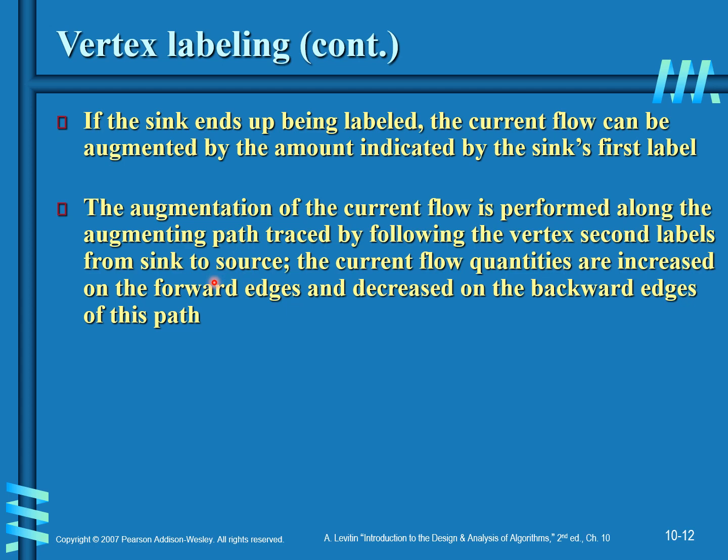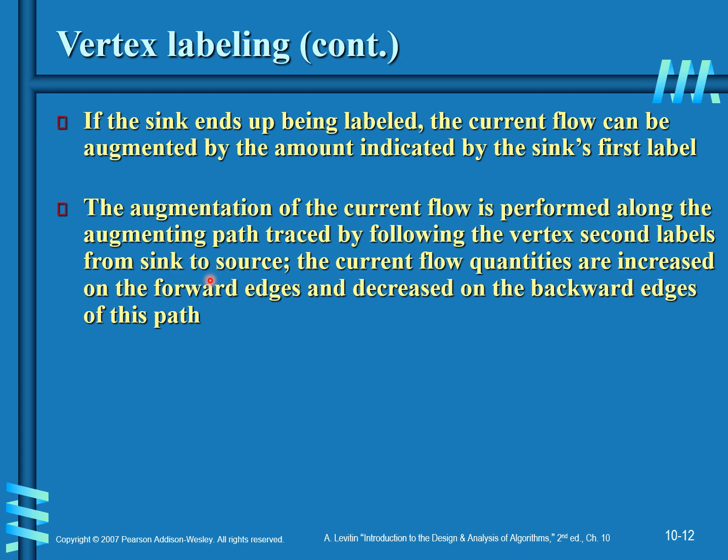Once you are continuing the labeling process and once we have labeled the sink, stop the labeling process. Then you have to adjust the flow on that augmenting path. You start from the sink. How much flow you have to increase on that path is always the sink's first label. If it is a forward edge, you have to increase the current flow by that flow value.